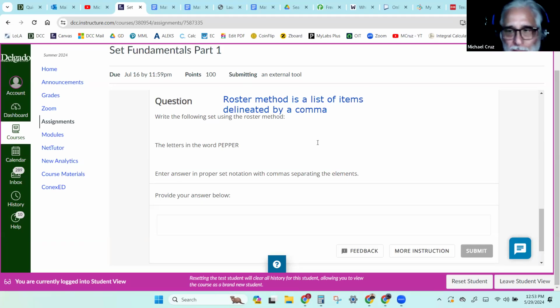For pepper, they want us to write this, and it's almost kind of silly in a way, but that just means we're going to do this. So that's what they mean when they say roster method. The letters in the word pepper are P, comma, E, comma, P, comma, P, comma, E, comma, R. And truthfully, if we have the P twice, we don't really need it. It doesn't hurt, but if you have something that repeats in a set, you only put it once. So that would be the answer.